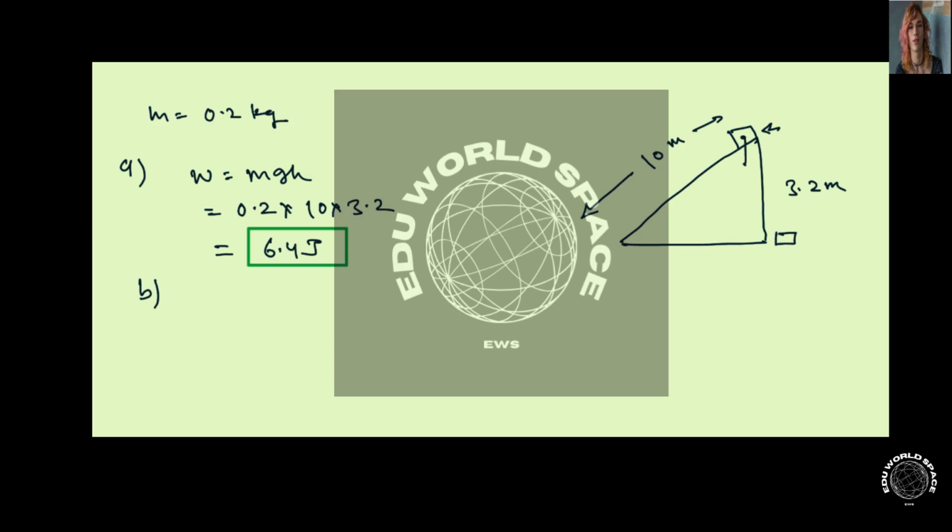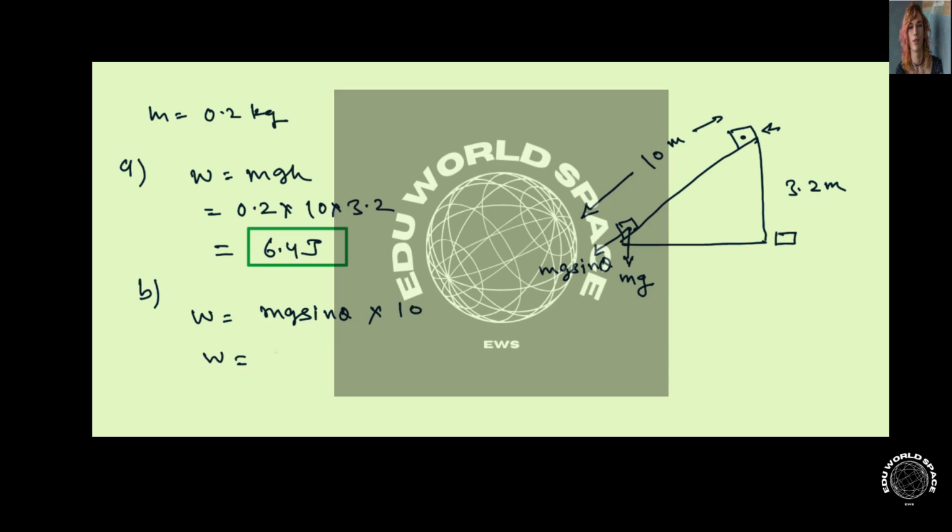First of all, the block is here and we are moving it up the incline. The force towards the ground is mg, and along the incline the force required will be mg sin theta. So the work done will be the component of force along the displacement, that is mg sin theta multiplied by the displacement, that is 10 meter.